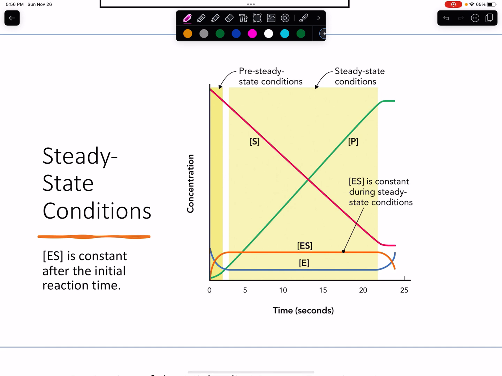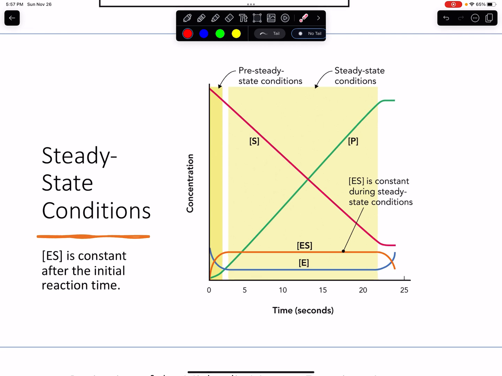If we're looking at the amount of substrate, the amount of product, and the amount of enzyme-substrate complex, so we've got substrate, product, enzyme-substrate complex, and free enzyme. At the very beginning of my experiment, the instant things are mixed, I have free substrate and free enzyme.